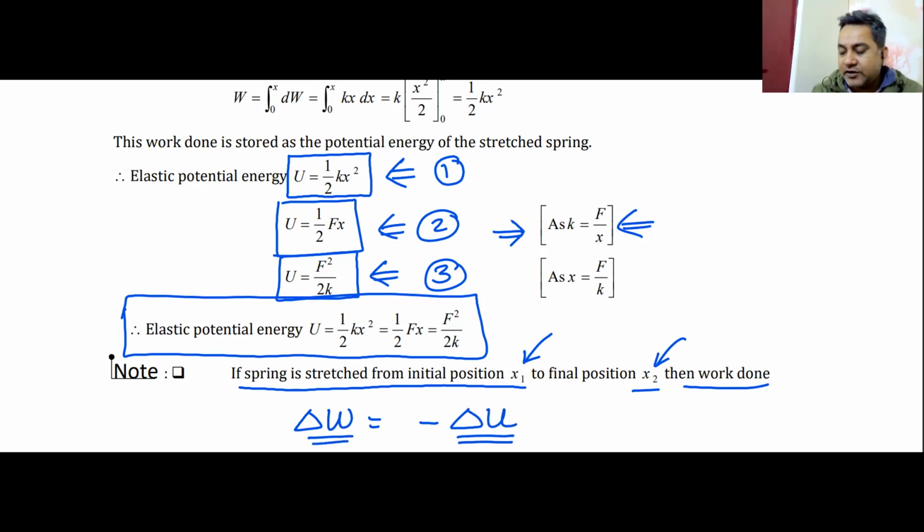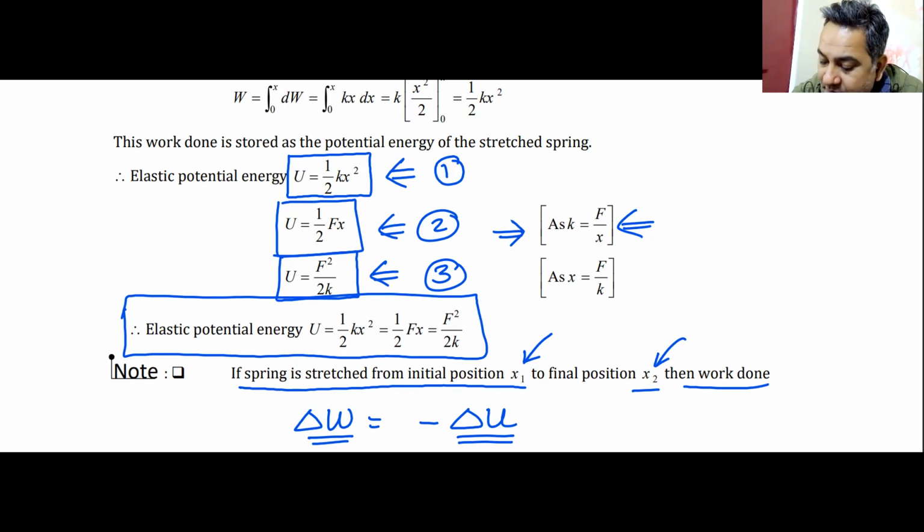You should never forget this relation between the two. Initial position, the extension is x1. Please note it down. The final position extension is x2. What is the work done? It is pretty simple. All of us know this.